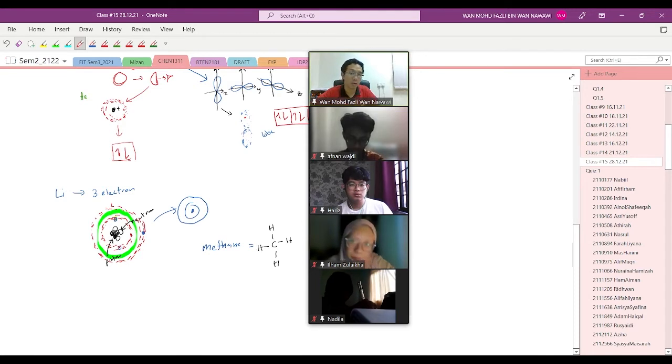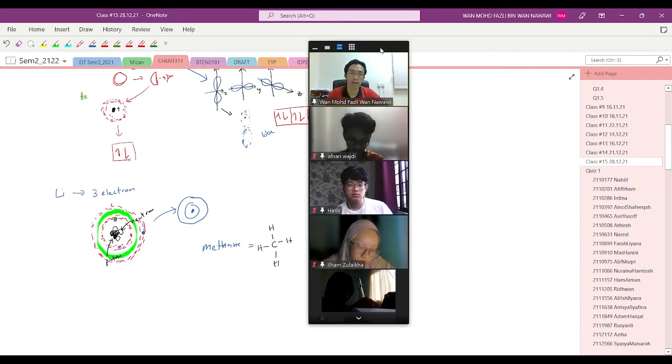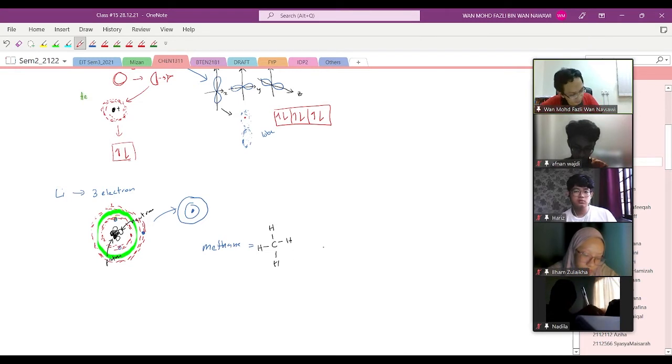But in reality, the molecule is not perpendicular like that. The molecule of methane is tetrahedral. Let's say I draw carbon in black and the hydrogens in red, like this.